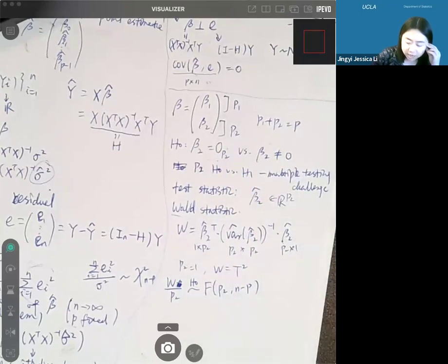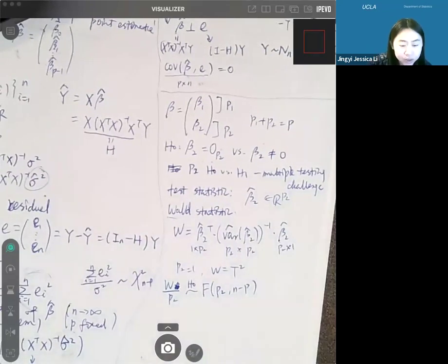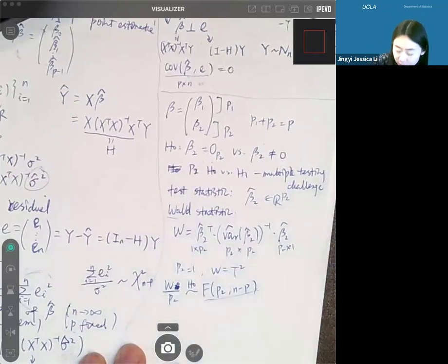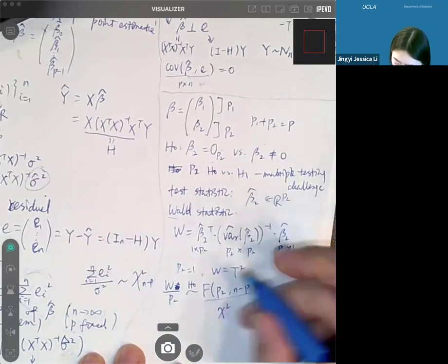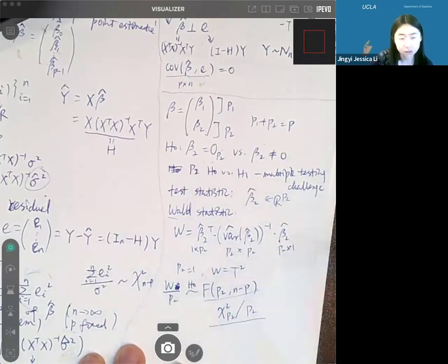And just like the T distribution is a manually derived distribution, so is the F distribution. It is constructed for the convenience of making tables to look up. The F distribution is defined as the ratio of 2 independent chi-square distributions. It is a chi-square random variable with P2 degrees of freedom divided by P2, that's the numerator.